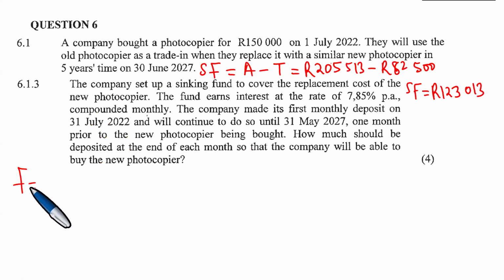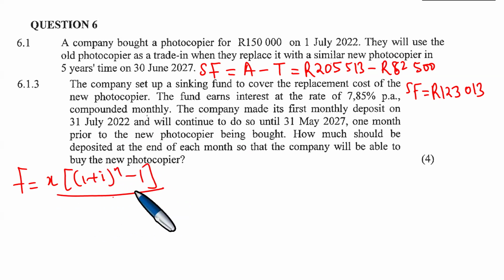Which means the future value is x open bracket 1 plus i to the nth power minus 1, divided by i. Then we substitute everything.